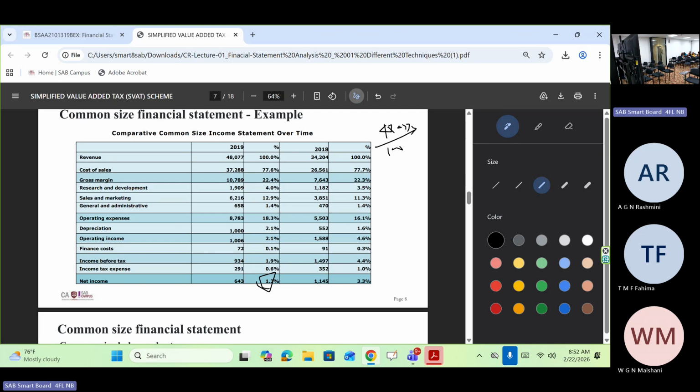For 643, how much? That's the equation, right? 1.3. Then you can calculate the overall P&L. I hope this is clear. Then you can easily compare two years.